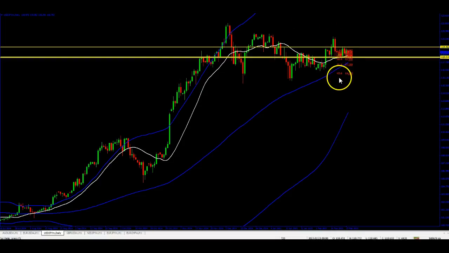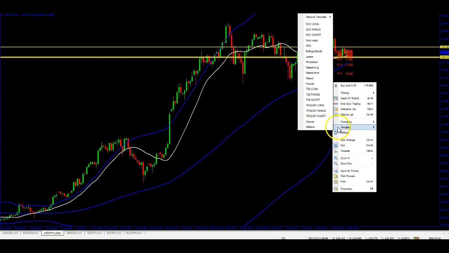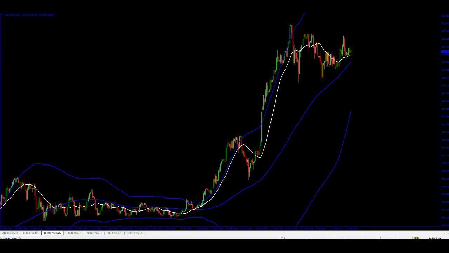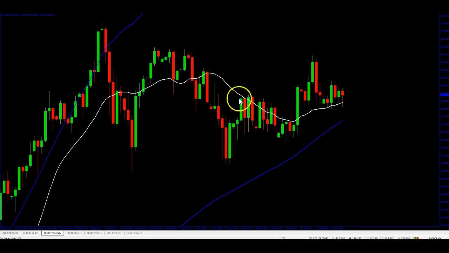I'll just clear these charts. And as you can see, although we are in a sideways market and I've marked the template as a range trade, the moving average is angled up slightly.